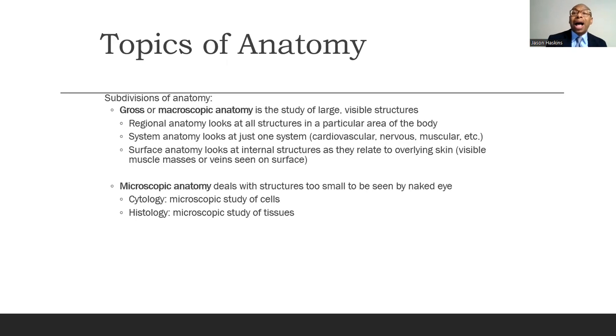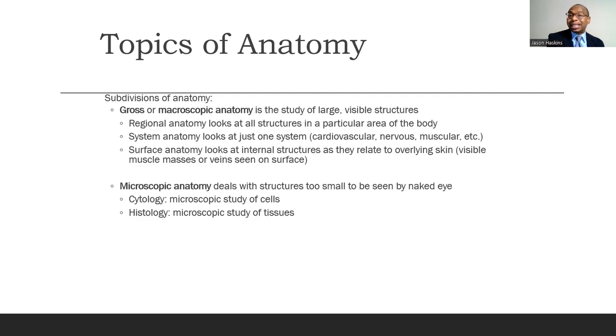Now, the reason why it is important to understand anatomy and physiology at the general level is because once you move forward in the healthcare industry and you encounter patients, we know that most of the time patients go to the physician's office when they're having some issues.